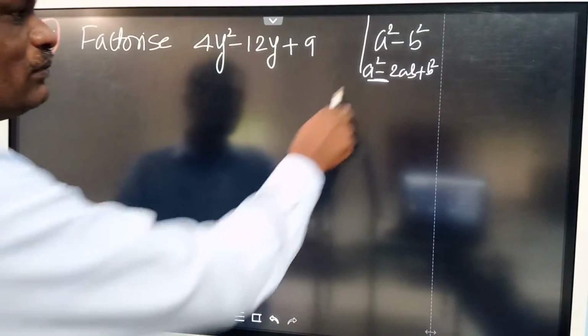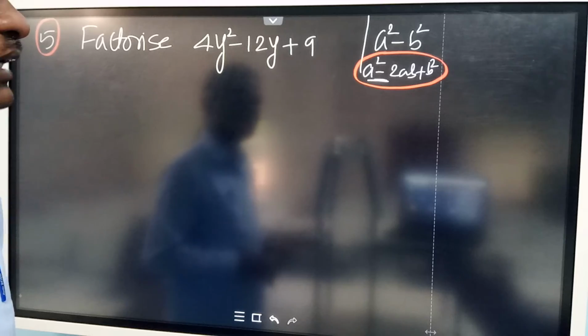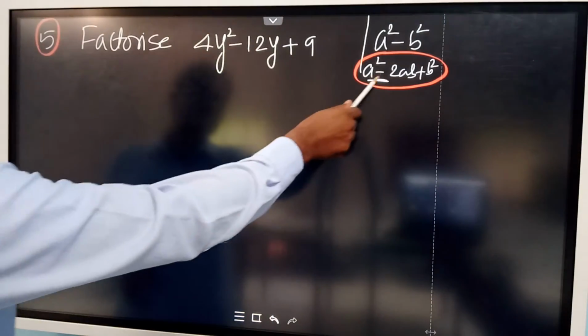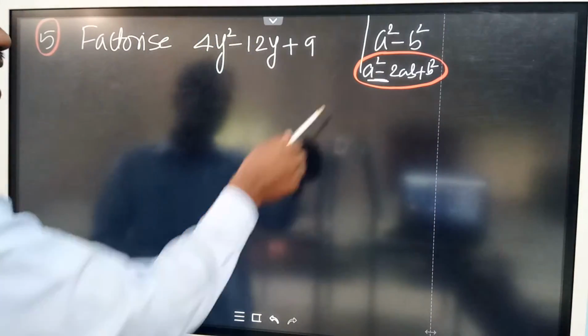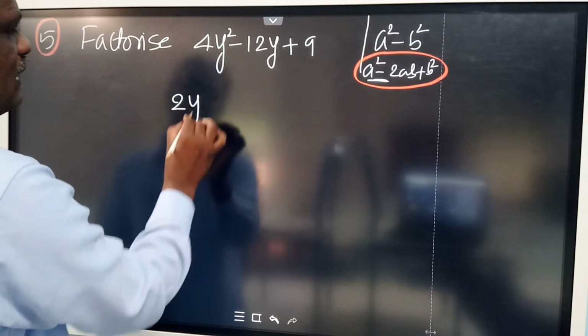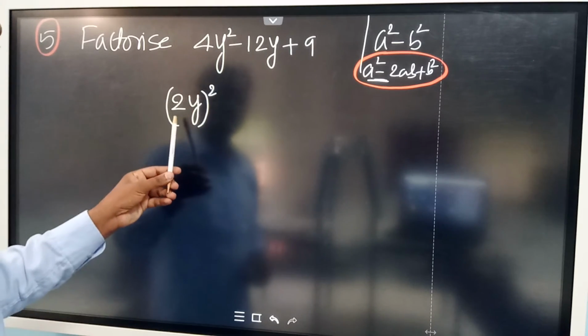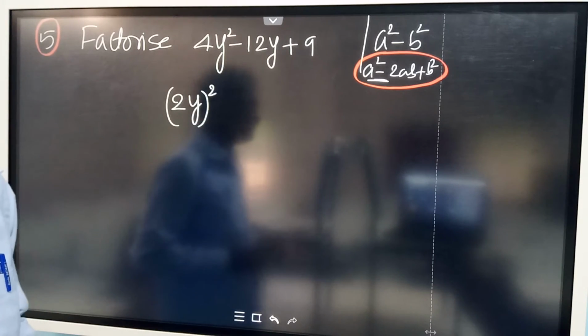So let us write in the form of a square minus 2ab plus b square and find out the values of a and b. Now for a square, 4y square can be written as (2y) whole square, because 2y into 2y is 4y square.